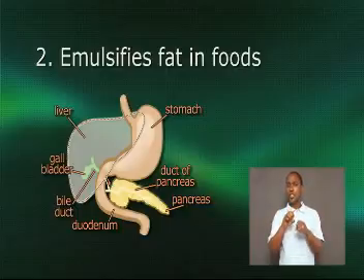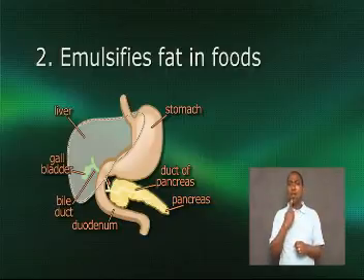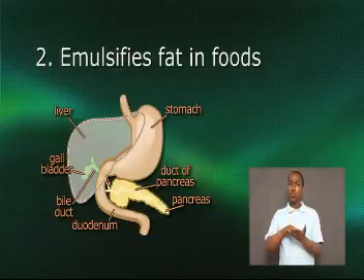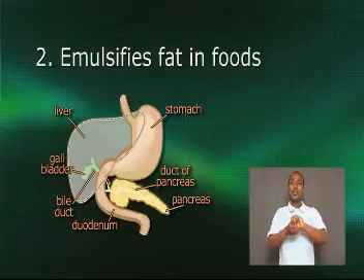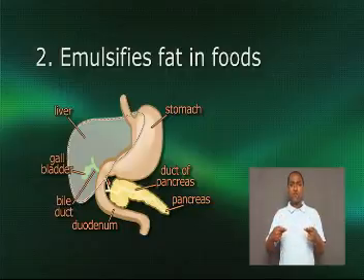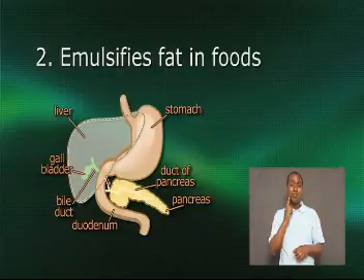In other words, it breaks down larger fat molecules into smaller fat droplets. This provides a larger surface area for lipase enzymes to work on breaking down fats into fatty acids and glycerol.